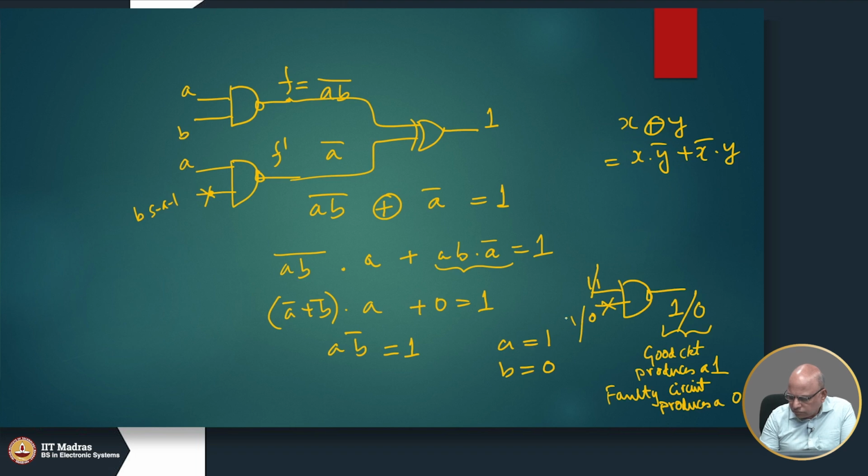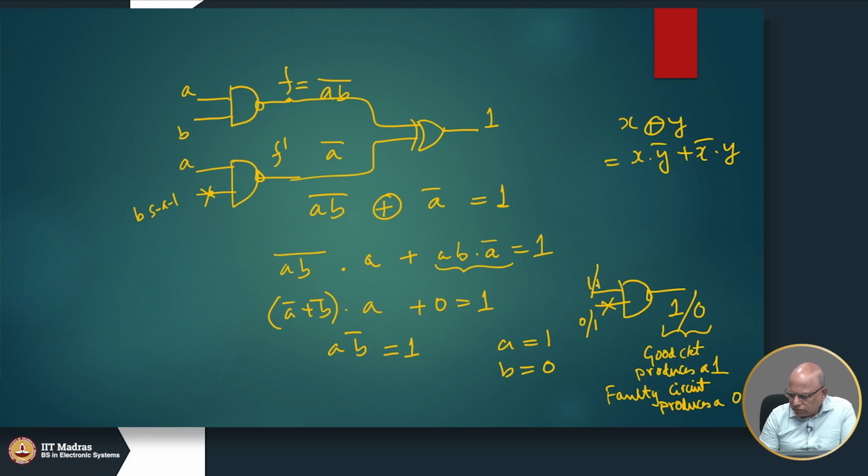I am sorry, the other way around. My apologies. A good circuit has a 0, but a faulty circuit has a 1. Okay. Because we are looking at the B stuck at 1 fault. Okay. So, if you simulate, a good circuit will take 1 and 0 and produce a 1.